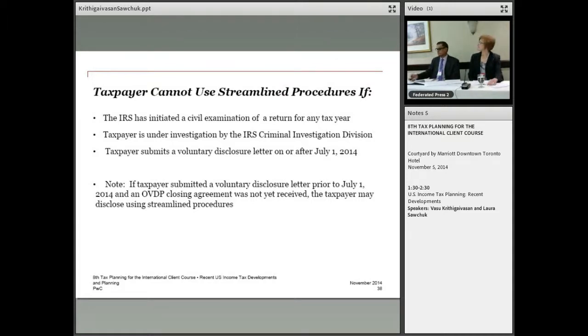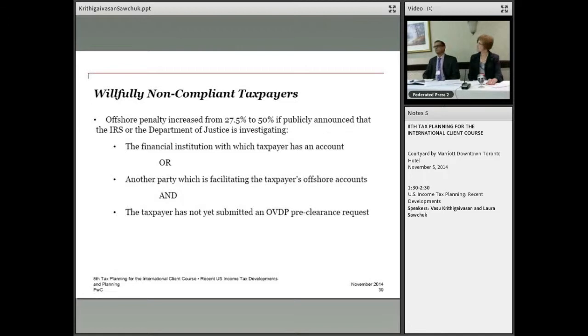So if a taxpayer is considered to be willfully non-compliant and can therefore not use one of the streamlined procedures and has to go with the OVDP, the penalty can be increased from 27.5% to 50% of the values of the assets if it's been publicly announced that the IRS or the Department of Justice is investigating the financial institution where the account is, or if they're investigating a party that's helping facilitate the accounts, and if the taxpayer hasn't submitted an OVDP pre-clearance request.